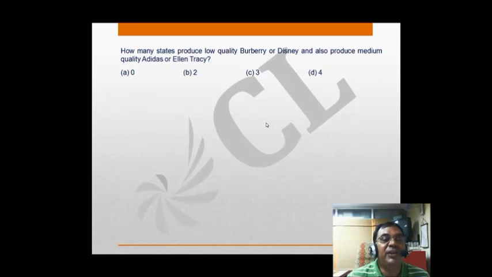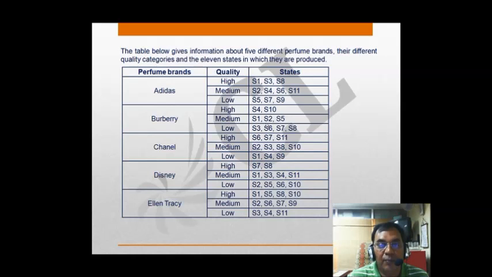How many states produce low quality Burberry or Disney and also produce medium quality Adidas or Allen Solly? Low quality Burberry: S3, S6, S7.